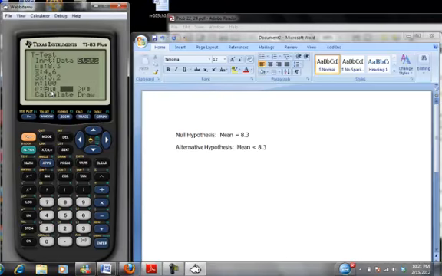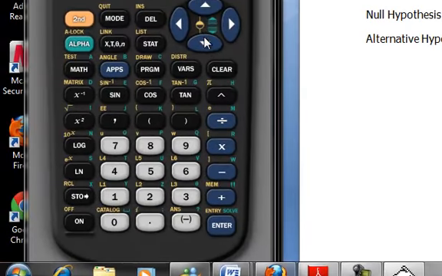I can either choose to calculate or draw. I always like to draw, and I'll show you why, but it's really up to you. If I do draw, my calculator will sketch the symmetric distribution for me, and it'll tell me my test statistic and p-value. I have a test statistic of -11.